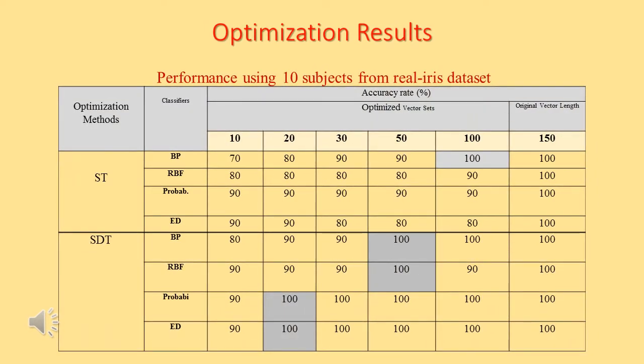This table shows the recognition rate of the 10 subjects taken from real iris. The result shows that the backpropagation, the Euclidean distance and the probabilistic outperform all other classifiers by satisfying the maximum accuracy rate at the lowest machine vector values.